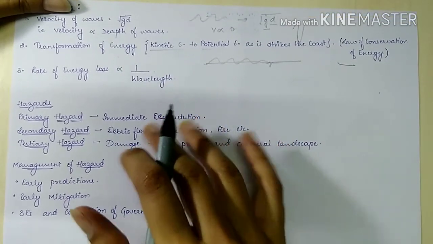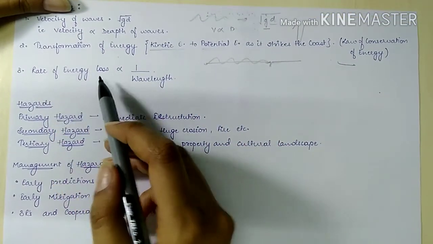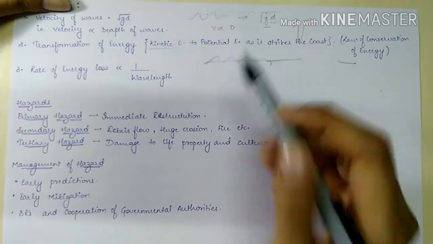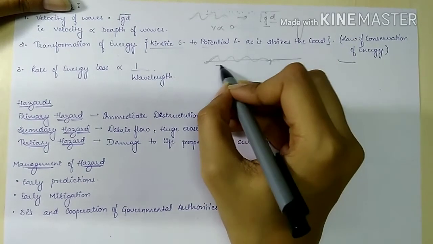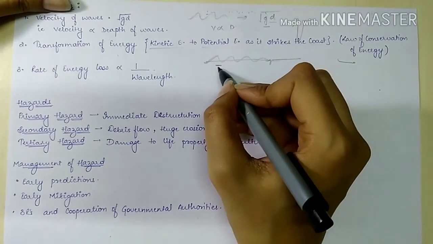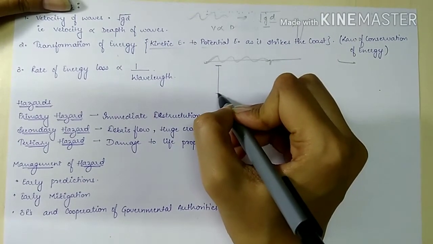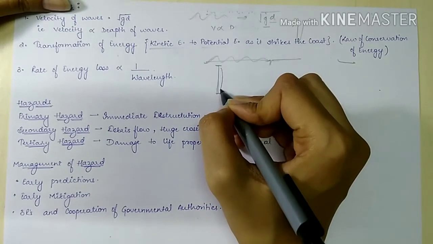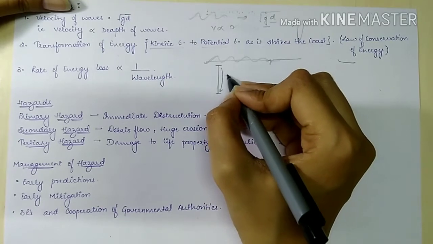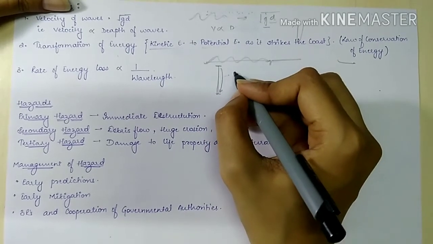Next is rate of energy loss. Whenever we work during the day, in the morning we are at our highest point of energy, and at night all our energy is drained out. So in this whole time duration we have energy loss.